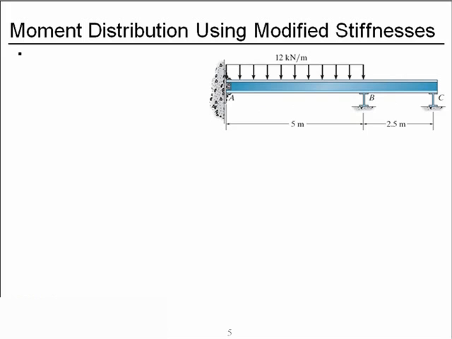Now step 2, the beginning of moment distribution. Let's find the stiffness and distribution factors. We'll begin by looking at bending stiffness.